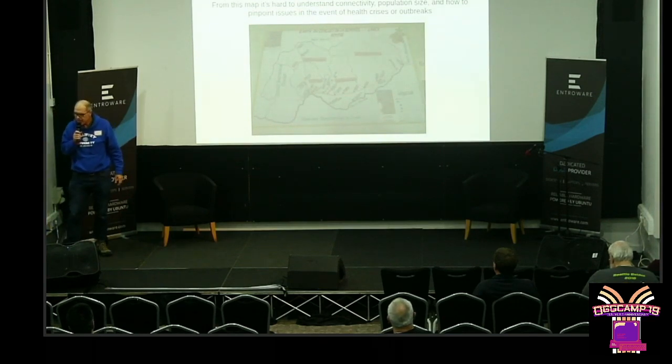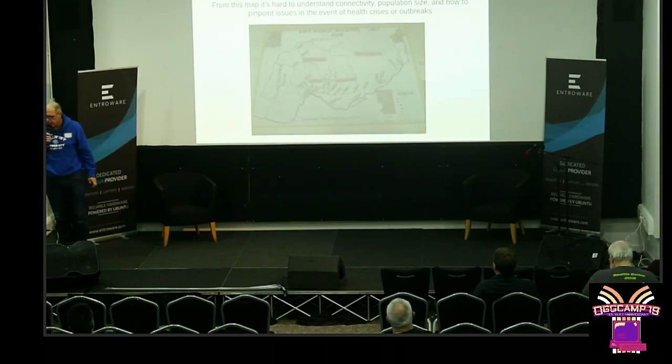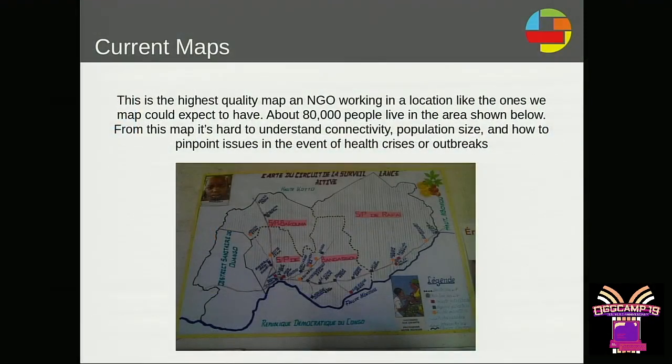This is an example, from a couple of years ago, of the sort of map, I don't know how clearly you can see that. This is an area of, I think, Northern Congo, yeah, DRC. Basically this is probably the best map there is of that area.